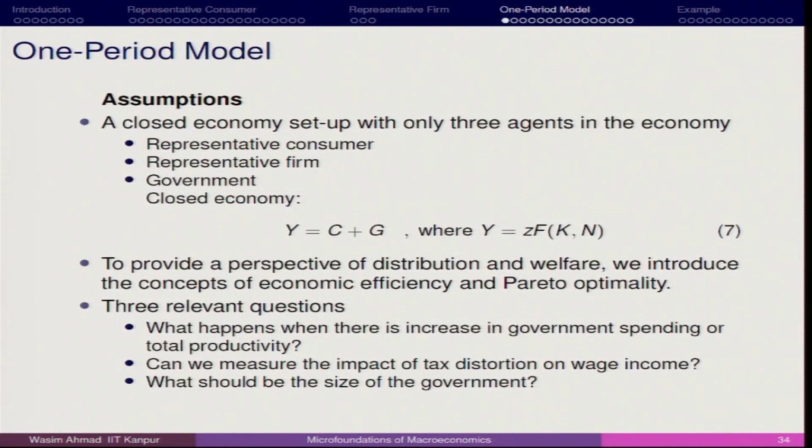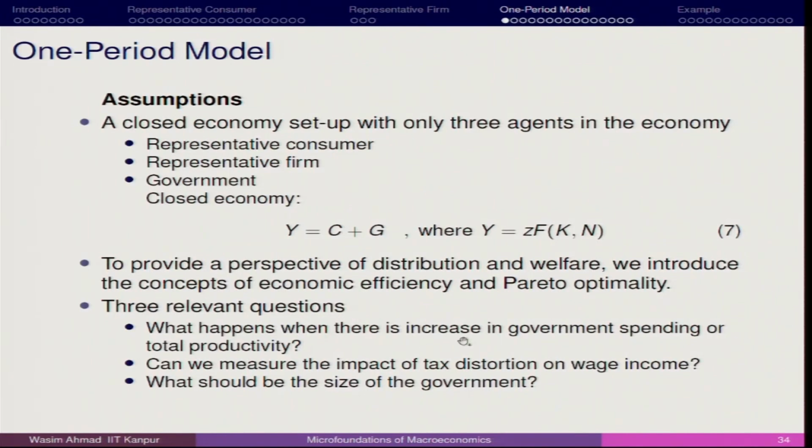Can we also measure the efficiency, whether this is efficient or not? For that purpose, we will also introduce concepts like welfare economics and distribution. We introduce the concept of economic efficiency, which is also directly linked with Pareto optimality. So, the Pareto optimality condition will be used.